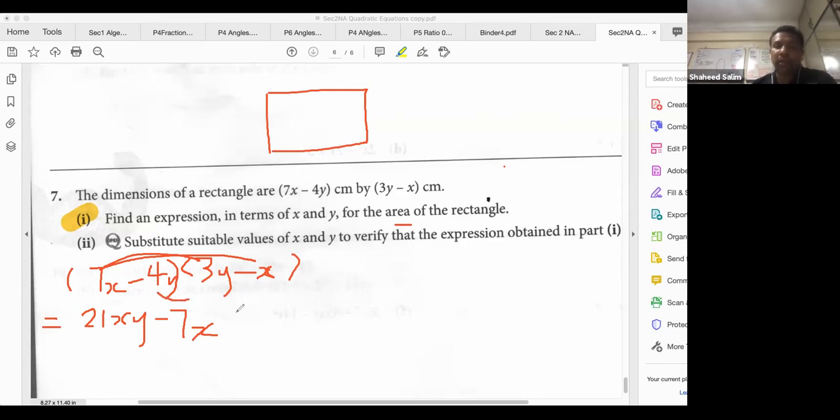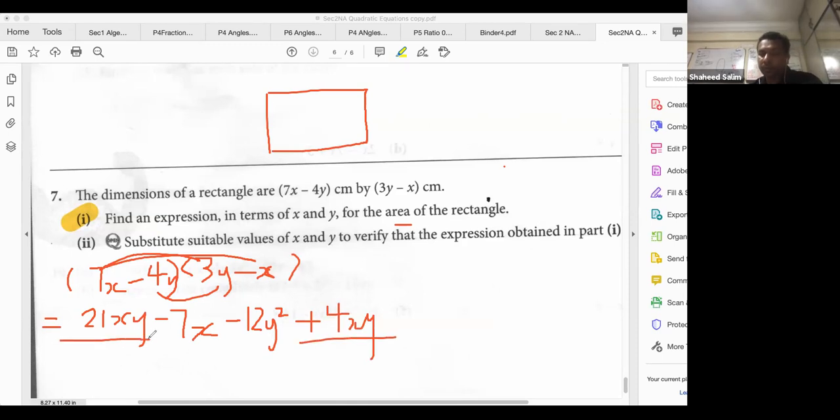Then this one, 4 times 3, minus times plus, minus 4 times 3, 12y squared. 4 minus times minus gives you plus down here. 4y times x, 4xy. So Shafi, this one and this one are the same animal, must put them together. Okay, so you get 25xy, correct.